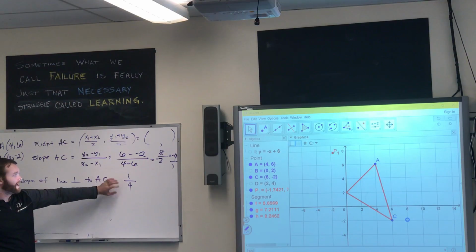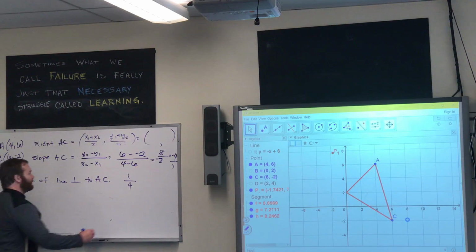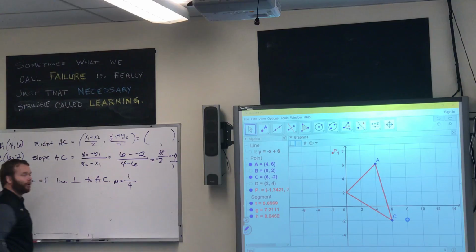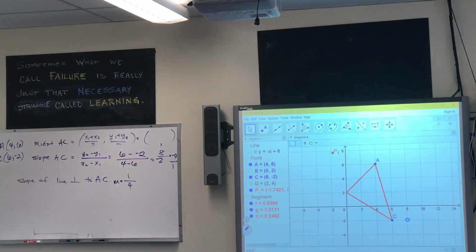That's the m that we're going to use for our equation. The steps of finding a midpoint and finding the slope in all these problems are going to be the same, and then you just flip them and change the sign.